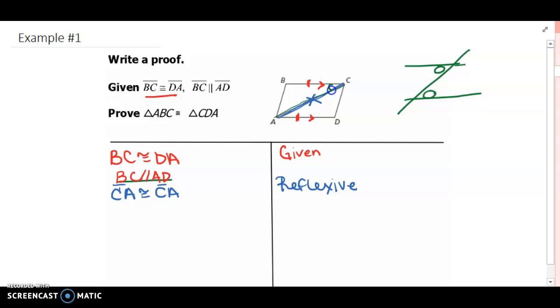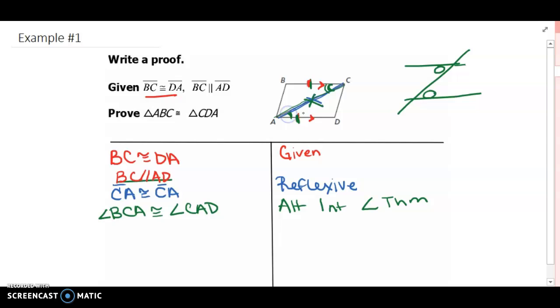If you notice, that's this angle right here and this angle right here. So I can conclude that angle BCA is congruent to angle CAD by the alternate interior angle theorem.